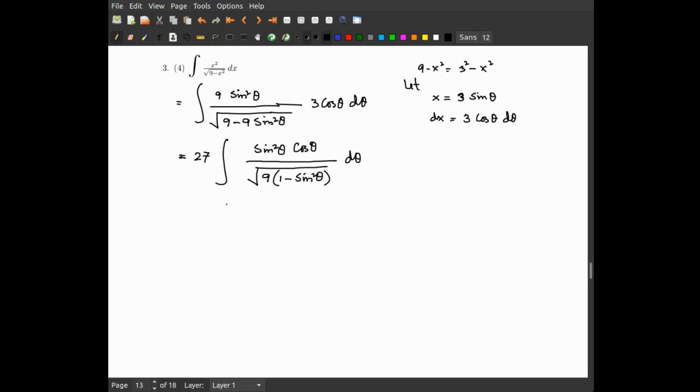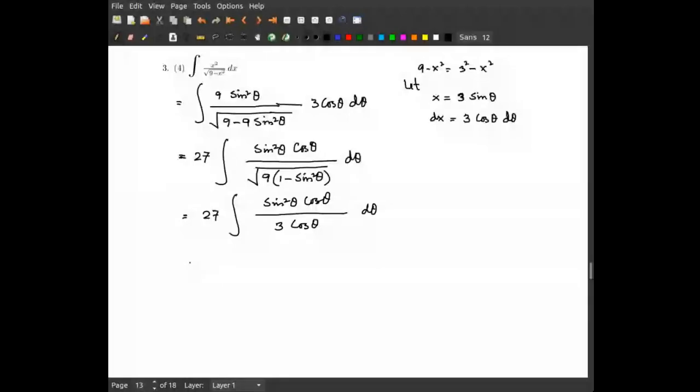So far it's still good. Now we have 27 times the integration of sine squared theta times cos theta divided by the square root of 9, which is 3, right? And the square root of 1 minus sine square is cos square, and the square root of cos square theta is cos.